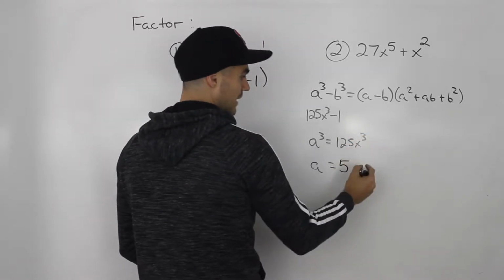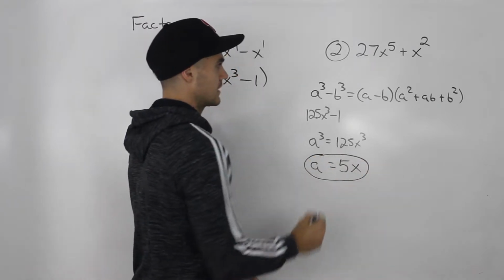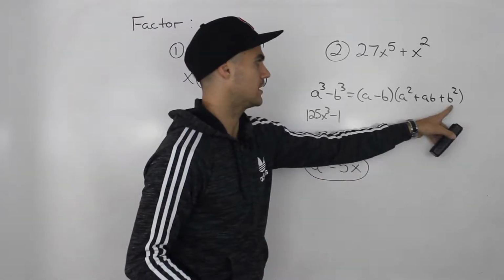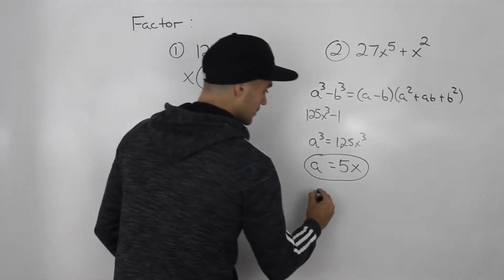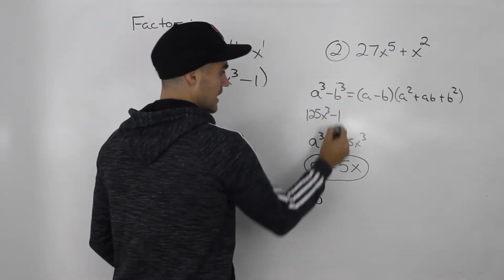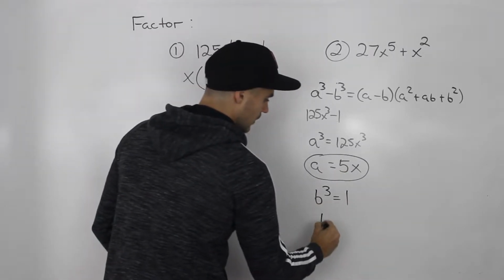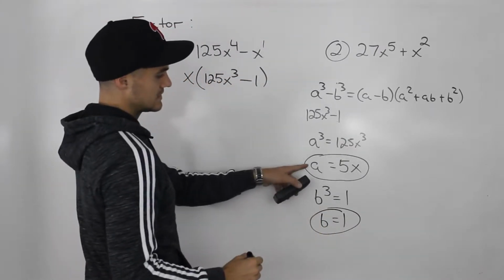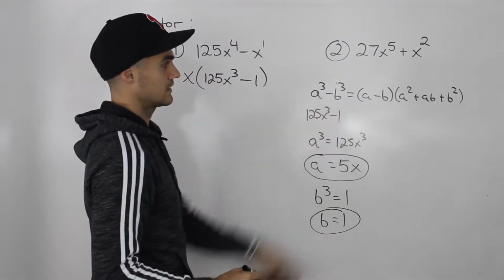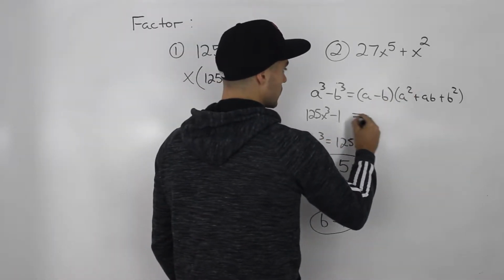And then the third root of x cubed is just x. So this a value, 5x, we're going to plug into this function here. So what's the b value going to be? Well, b cubed, notice how it's equal to 1. So if we take the third root of 1, b is just 1.